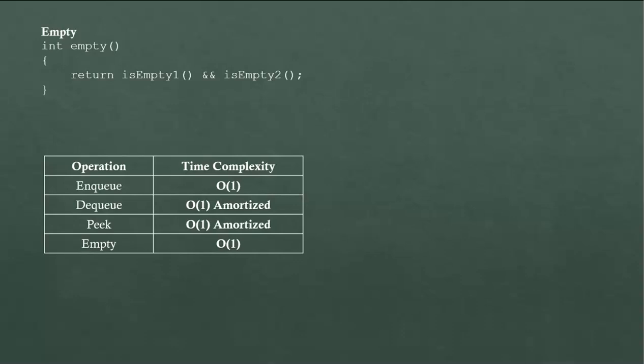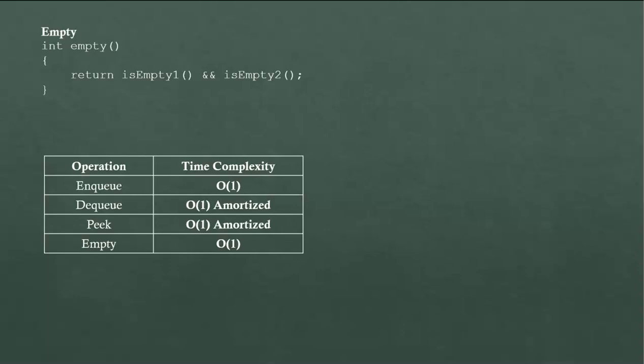Okay, so let us analyze the time complexity. Enqueue and empty are straightforward, order of 1. But you might ask, what about dequeue and peek? Don't they have a while loop that takes order of n time while transferring elements? That's a very right question. Yes, a single isolated operation can take order of n time.